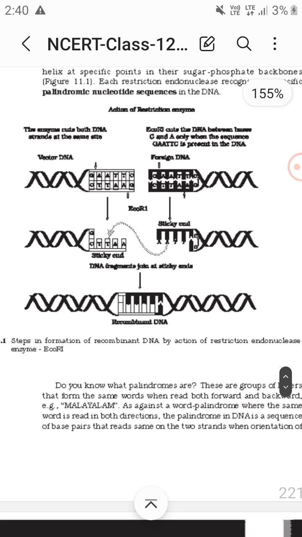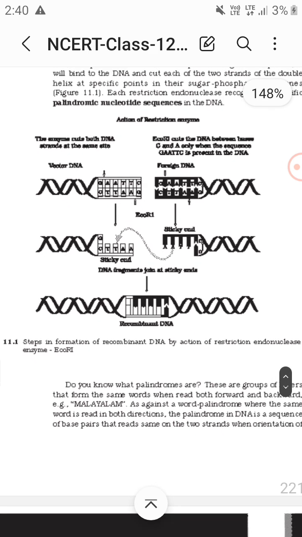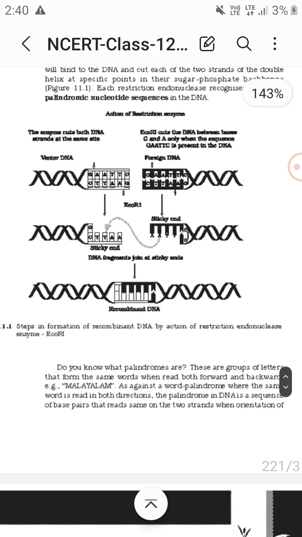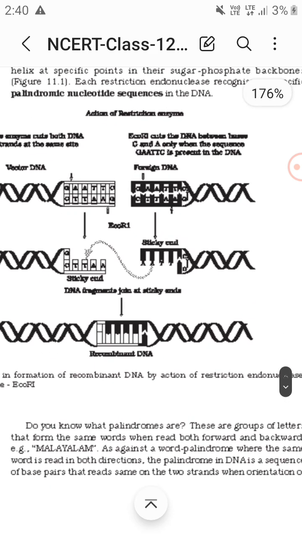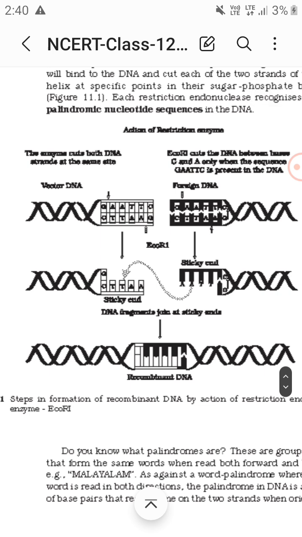Now, the steps in the formation of recombinant DNA by the action of the restriction endonuclease enzyme EcoRI. You see in the diagram, the addition of restriction enzymes. The enzyme cuts both DNA strands at the same site.